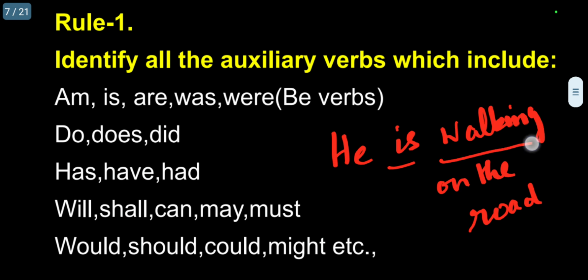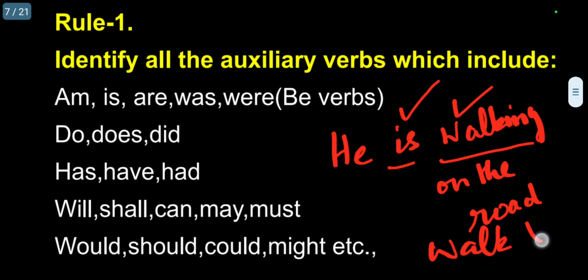"Is walking", there are two verbs coming. Here "is" is acting as an auxiliary. The main verb is "walk", that is V1, as we will call it. The main verb is walk, but it is coming as present continuous, walking. So the main verb is walk.